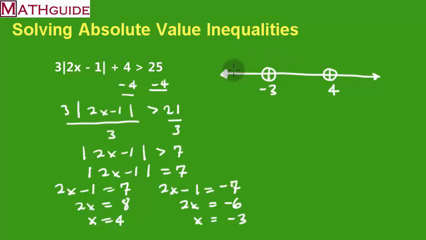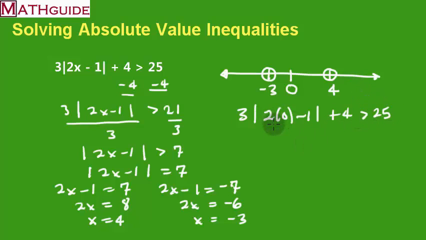Okay, anyway, now I got to figure out where to shade. I either shade inside or I shade outside. To figure that out, I'm going to test a value. And my favorite is always 0 because it's easy to use. So now we go back to the original problem and I'm substituting in 0 for the x value. Now I just play cleanup.